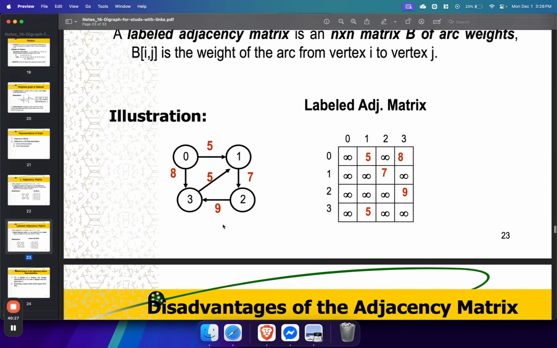If you had 100 vertices, your adjacency matrix will be 100 by 100. Even if you only have one edge, or two edges lang, the space used by your data structure will still be 100 by 100.